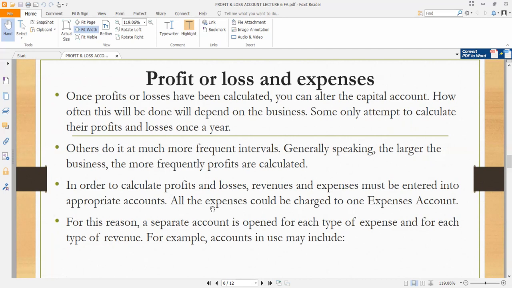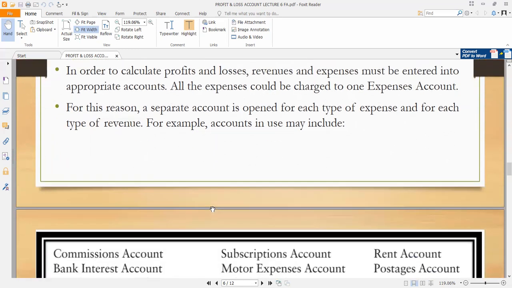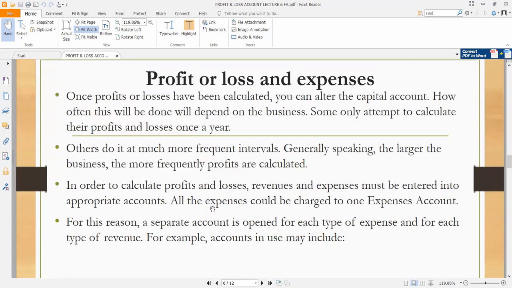For example, accounts in use may include the following. Now, just to re-echo this idea, or to put it in a different language, accounting is about entering business transactions in a well arranged manner.